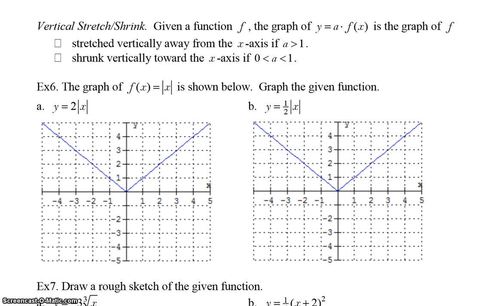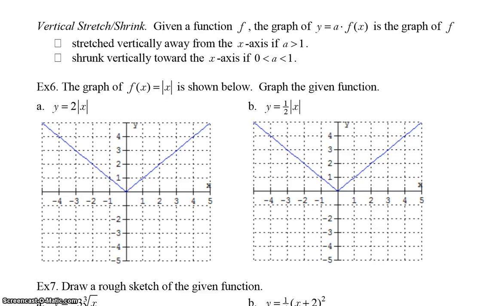So what's happening here is a multiplication of the function by a positive constant a. And that has the effect of stretching the graph away from the x-axis or shrinking it towards the x-axis. There's also a horizontal stretch or shrink where rather than multiplying f of x, we multiply x by a.